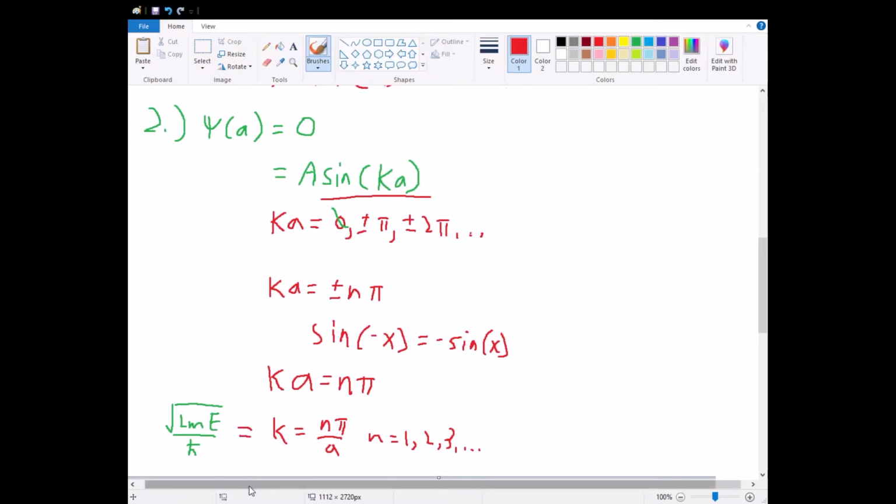So at this point, we can solve for the energy E, and what we'll get is that E is equal to n squared times pi squared times h bar squared over 2ma squared.